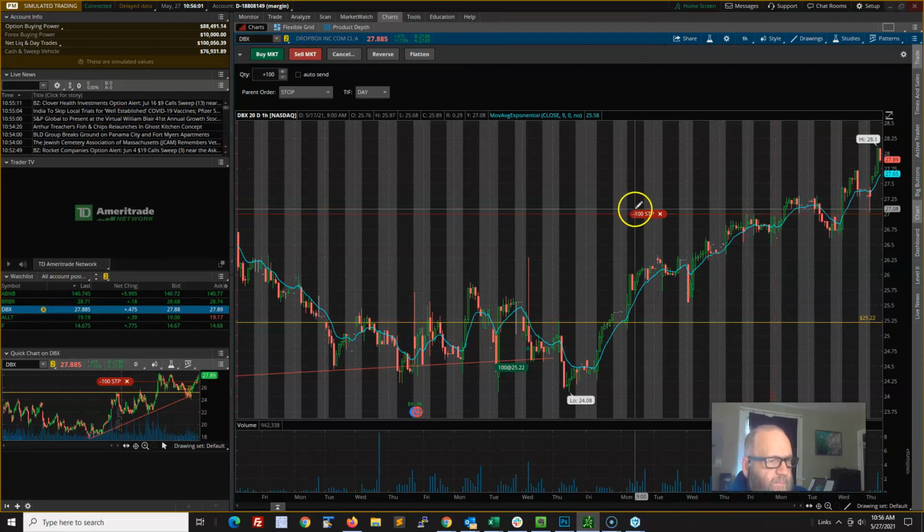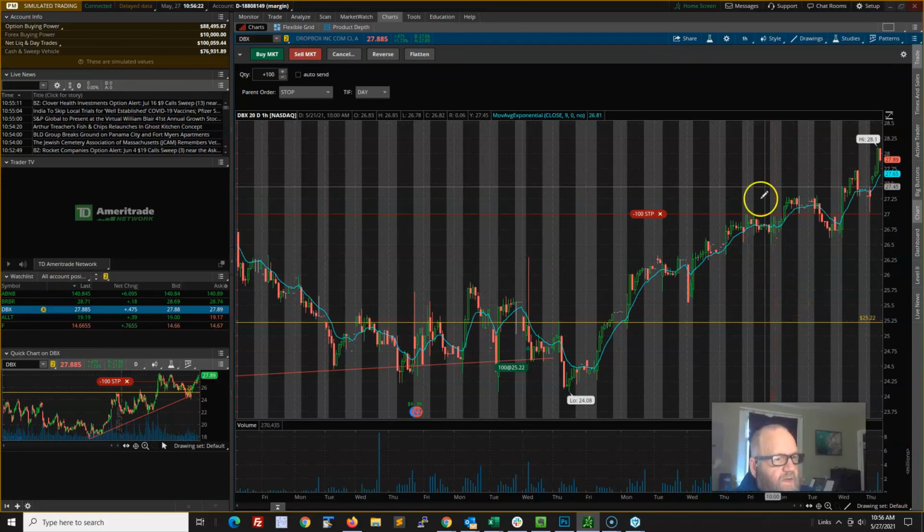I already made my $2, right? I bought at 25.22 and it's now up to 28. So I put a stop order at 27. It's not quite $2. Maybe I should go up a little more on that. I think it's actually risen since I set that up.